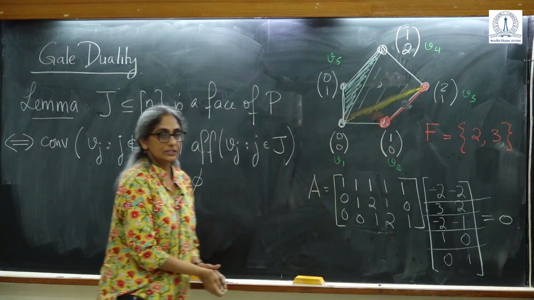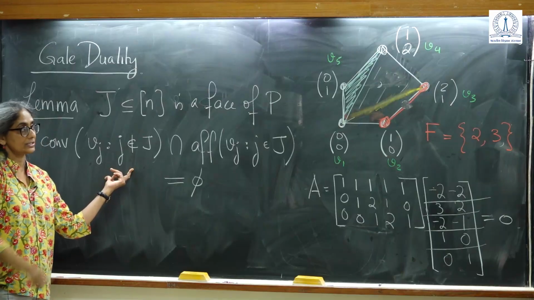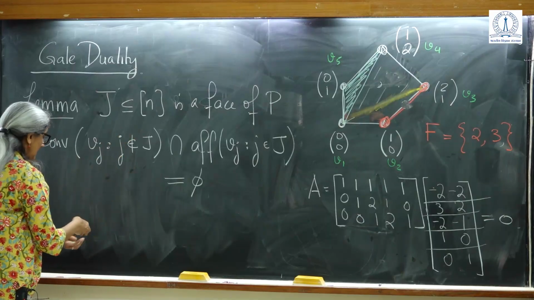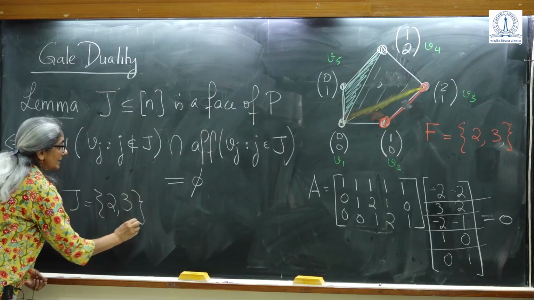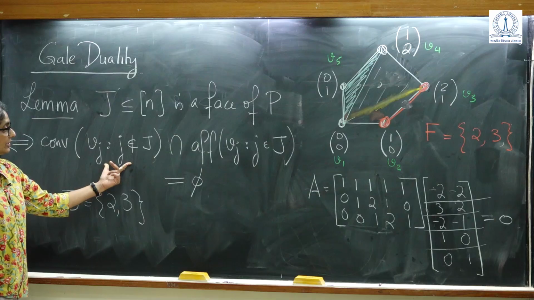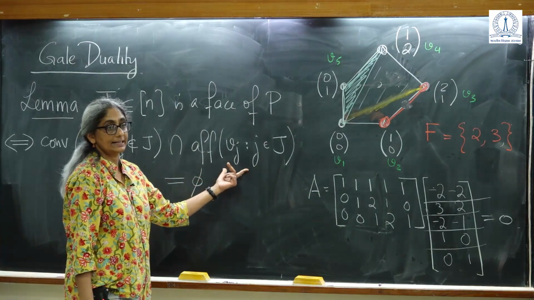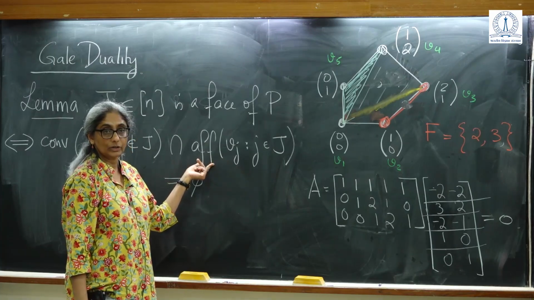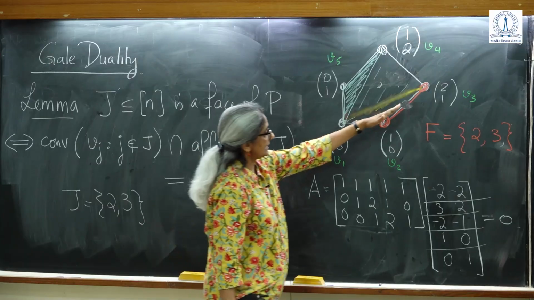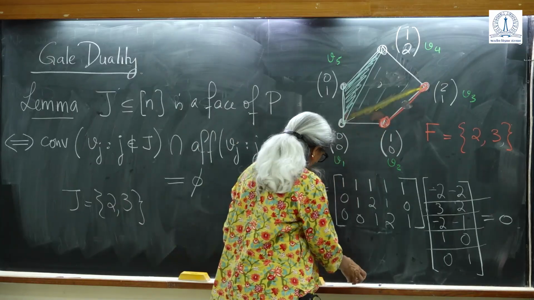Do you agree? So this is the convex hull of the Vj's that are not in J. J is 2, 3 for me right now. So I'm convexifying the Vj's that are not in J, and then I'm intersecting it with the affine hull of the Vj's that are in J. The things that are in J are this red piece, that's the face. If I take its affine hull, what happens?